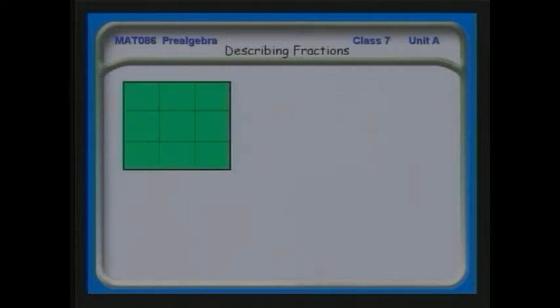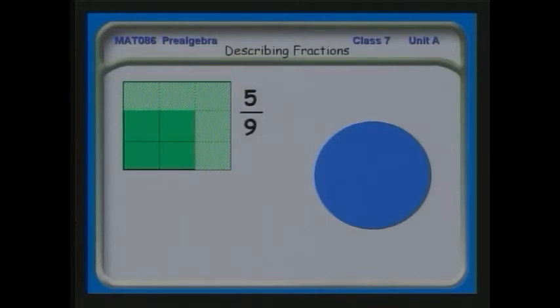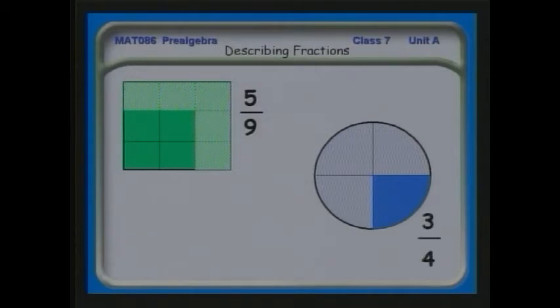Let's divide this green box into 9 pieces and look at 1, 2, 3, 4, 5. What I have now is 5 pieces of 9, or 5/9 of that box. Let's look at something that could be a pie. I'll divide that into 4 pieces and then look at 1, 2, 3 of those 4 pieces, and I would describe that as 3/4 of that circle or pie or whatever you want it to represent.